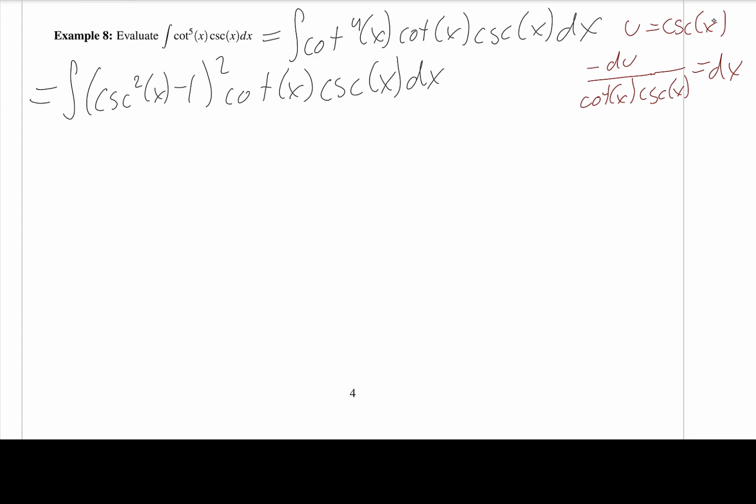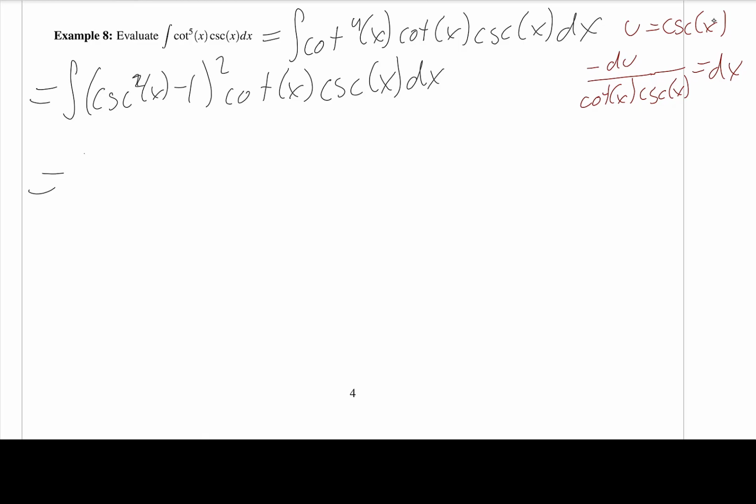Now I'm going to apply our u sub. What I notice down here is when I plug in for dx, I have this cotangent x cosecant x, so I'm not going to mess with this part right here. However, what I am going to do is change this cosecant squared of x right here to our u squared. So this is u squared minus 1 squared. Actually, let me go ahead and write this out.